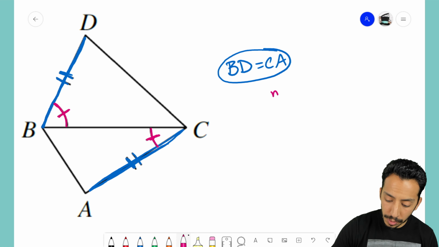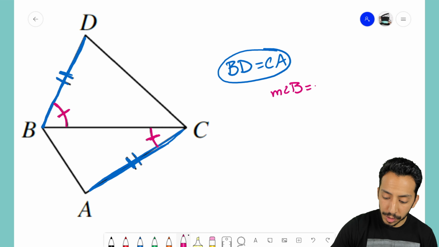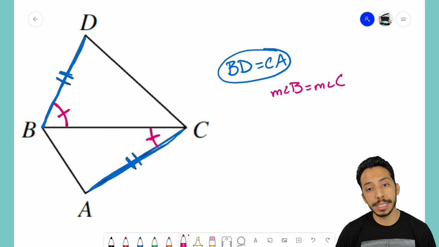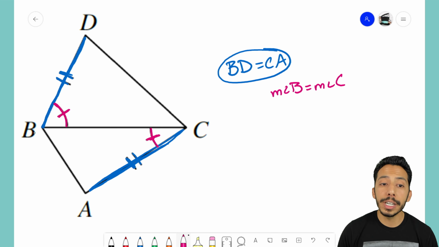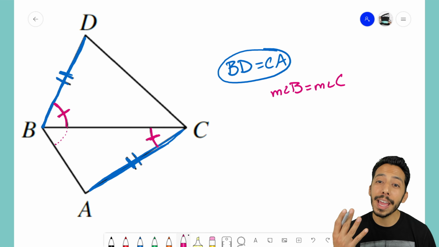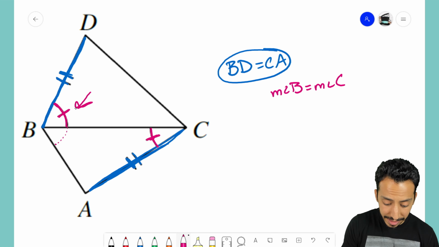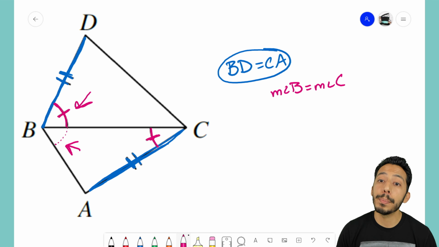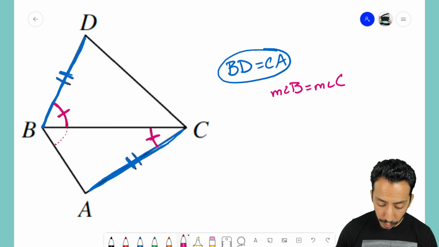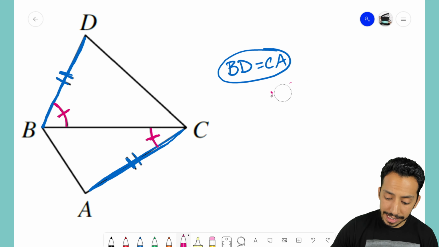What I can't do is say that the measure of angle B equals the measure of angle C. I can't write it like that, and the reason is, look at point B. I have an angle here at the top and I also have this angle here on the bottom. So if I say angle B, I don't know which angle you're referring to. It could be the top angle or the bottom angle. So we've got to be careful when making our flowcharts that we can't write it as B equals C.